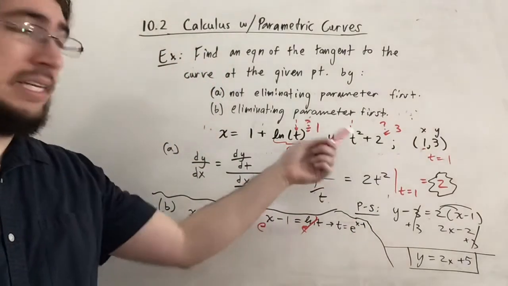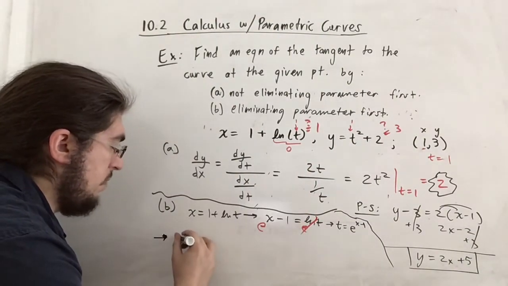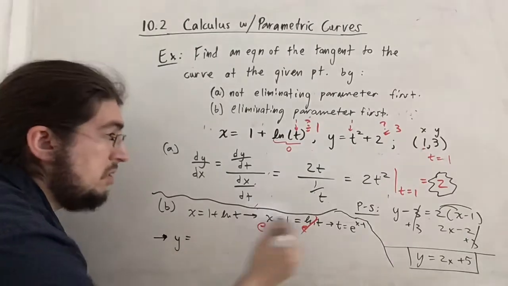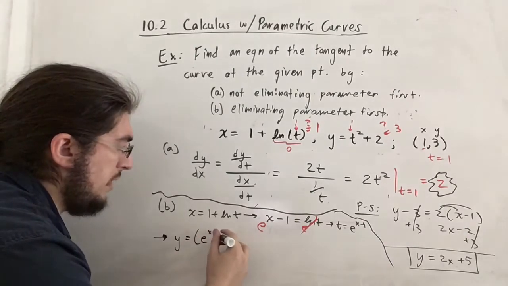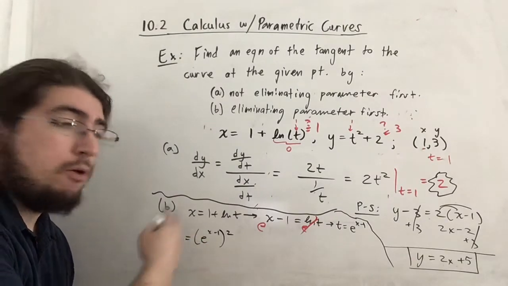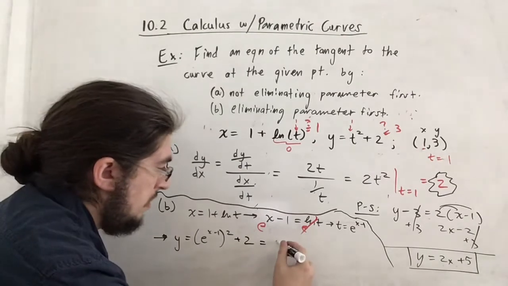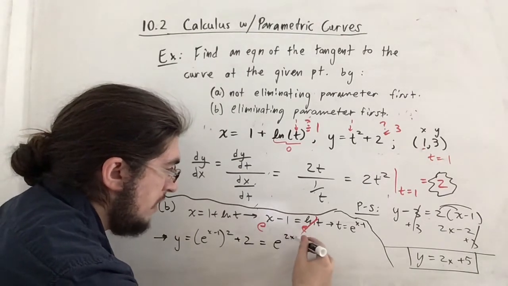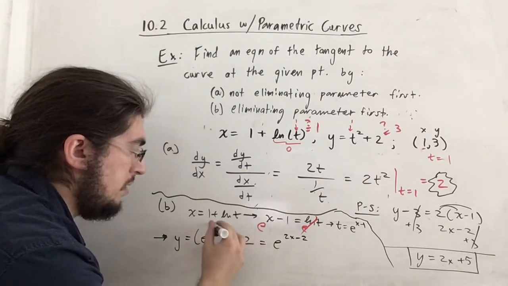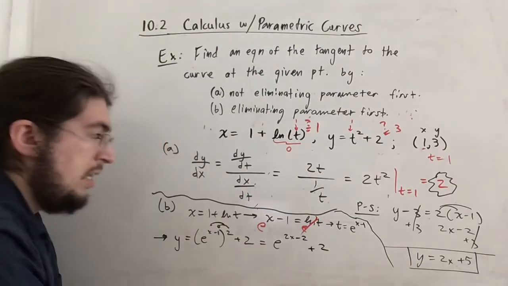Now if we plug that into the y equation, we get y is equal to e to the x minus 1 squared, meaning you just multiply the power by 2, plus 2. So this is e to the 2x minus 2, distributing the 2 into the power, plus 2. So this is y.